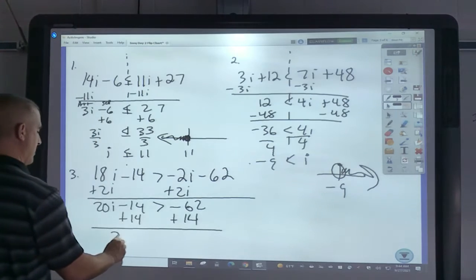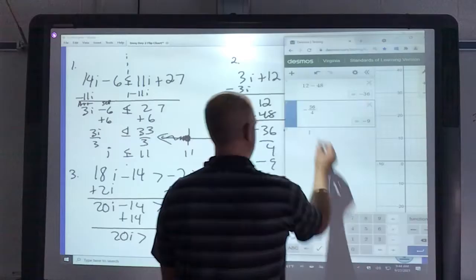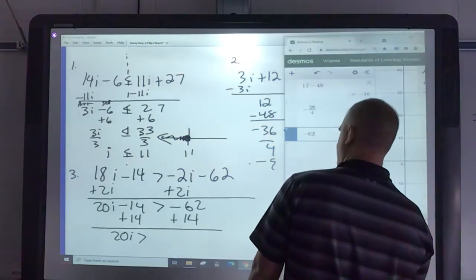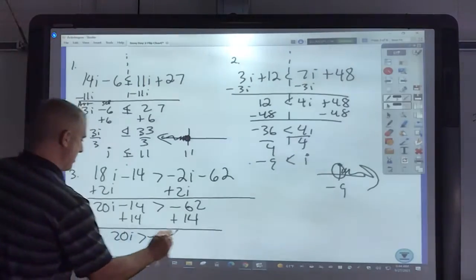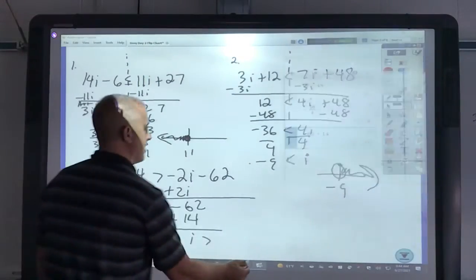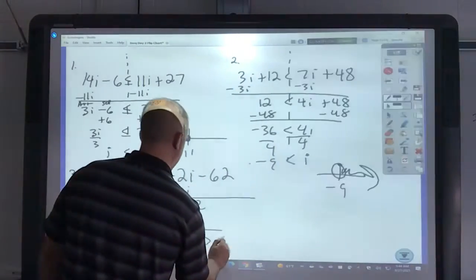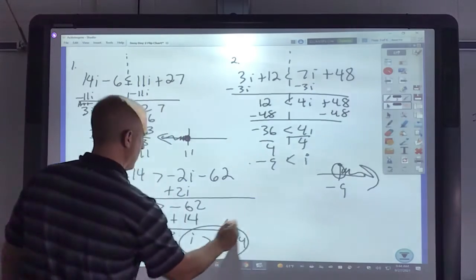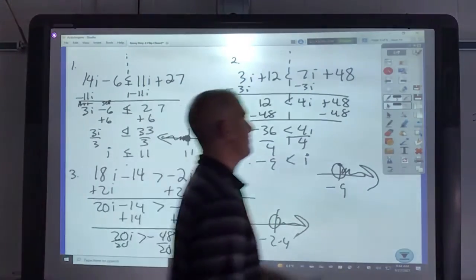So that's going to be 20i greater than, I'm going to use my calculator, negative 62 plus 14 is negative 48, and divide by 20. I got i greater than negative 48 divided by 20, which is negative 2.4. Okay, and that would be an open circle, shade to the right.